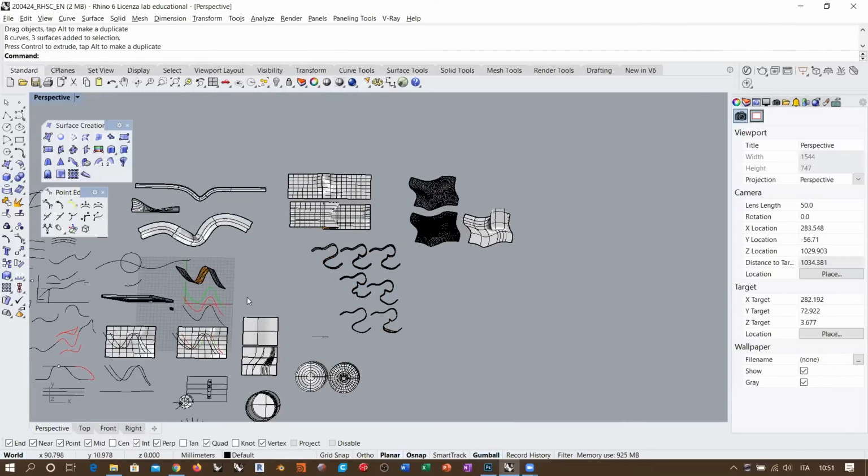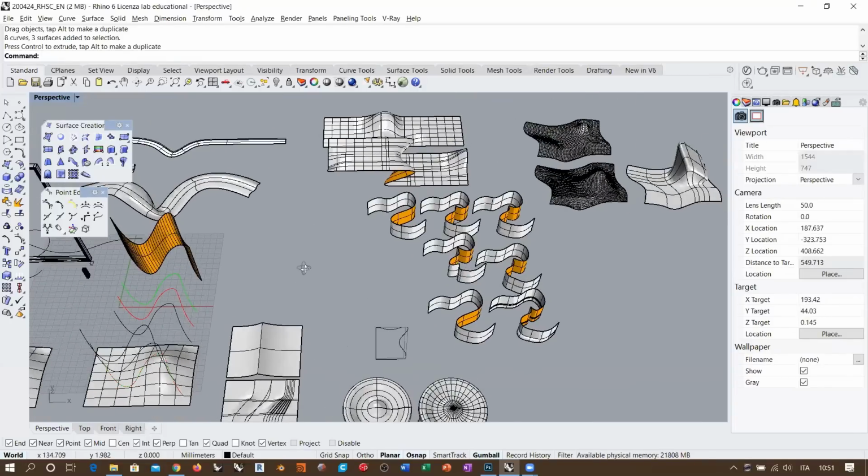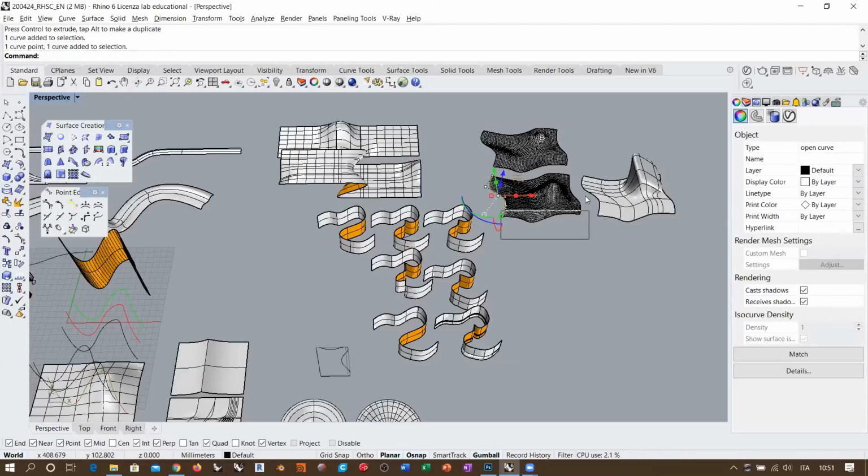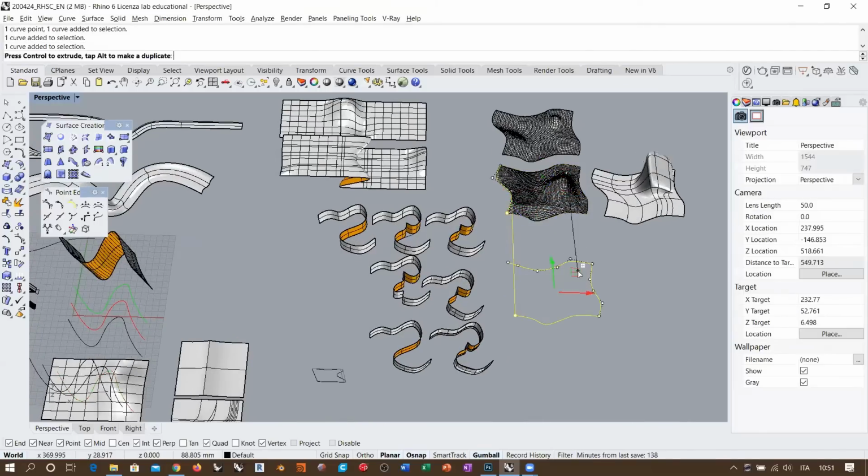But before discussing continuity, I want to finish with the patch command. Then we will switch to continuity considerations, going through also the sweep to rails, which is also important.